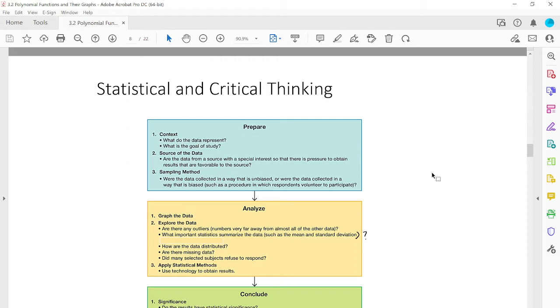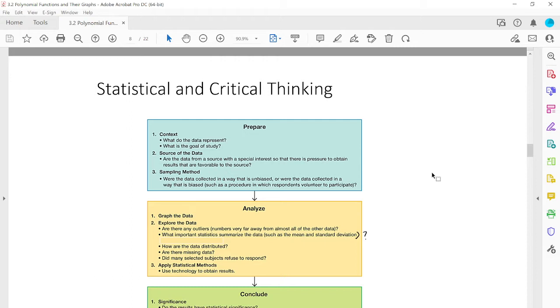Then, if we are collecting the data, we have to make sure that the source of the data is valid. Are the data from a source with a special interest, so that there is pressure to obtain a result that is favorable to the source? We have to make sure that the source of data is authentic.